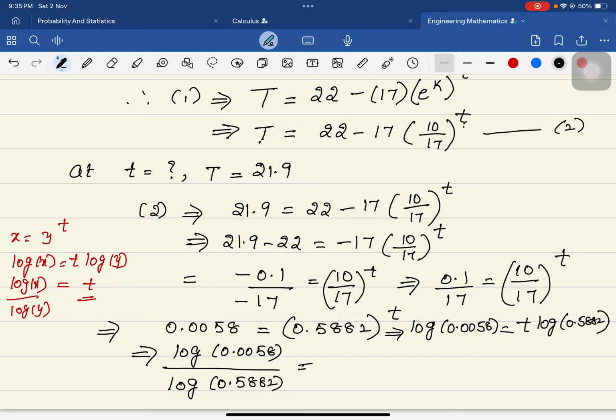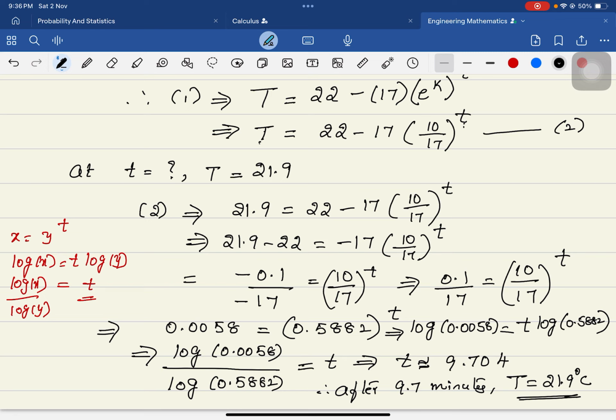So now that gives you the value of t. When you do the calculation, it will be equivalent to about 9.704. So you can conclude that after 9.7 minutes, the temperature T is 21.9 degrees centigrade.